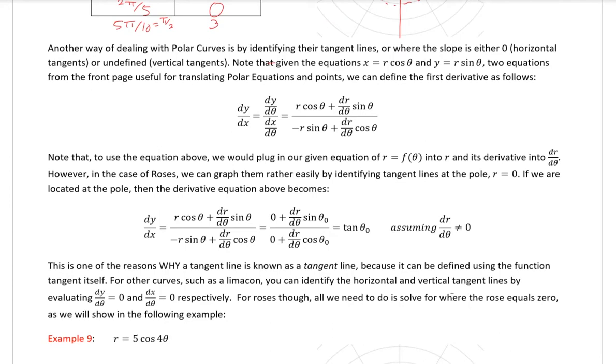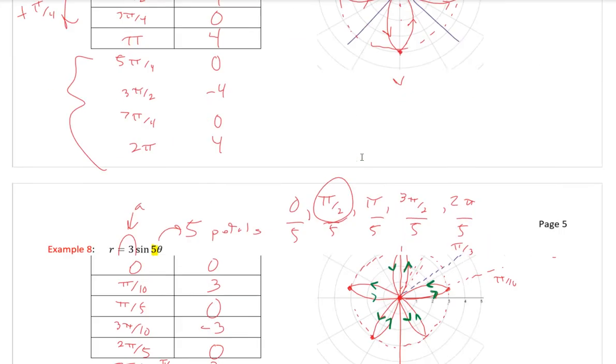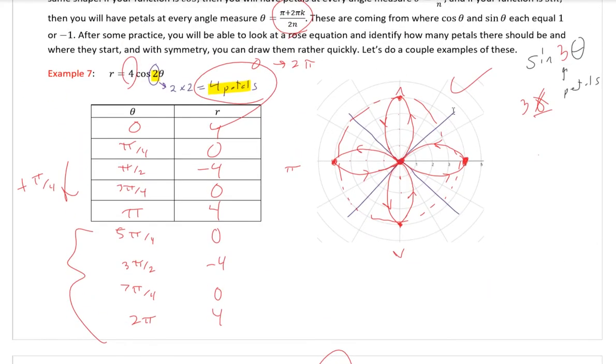Okay. Almost done. We have one more example and another way of dealing with it. It has to do with how I was looking at these a lot of the time. If you notice, I was drawing stuff like pi over 6, and in the previous one, I was drawing all of the ones like pi fourths, 3 pi fourths, 5 pi fourths, 7 pi fourths. These are all the values where we have a value of r to be 0.